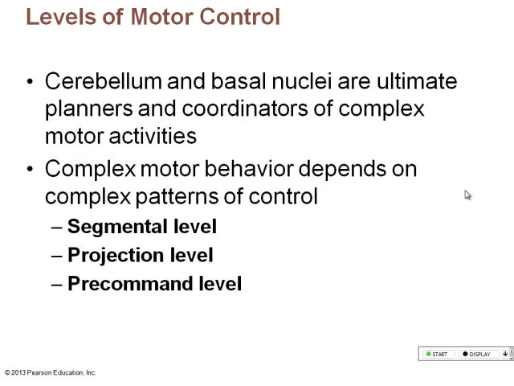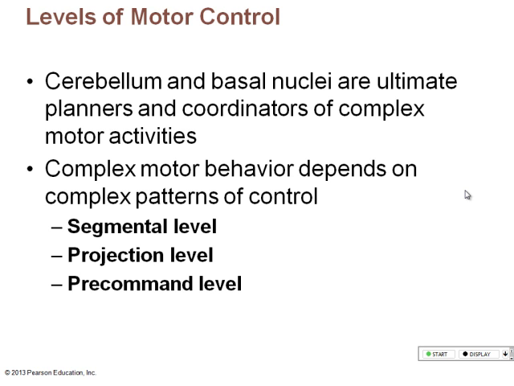So, different levels of motor control. Cerebellum, basal nuclei, they're the planners and coordinators for motor activities. Remember, any given movement is not simple. Not just one muscle, but many muscles have to be innervated in order for us to coordinate motor function.